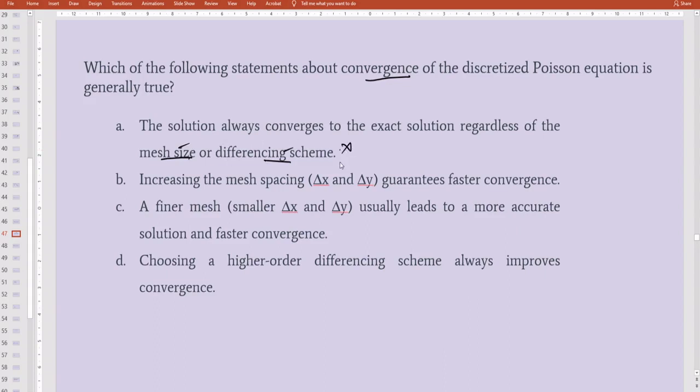So this is wrong. Option B, increasing the mesh spacing, that is delta x and delta y, guarantees faster convergence. So what is this increasing delta x and delta y? If you are drawing this delta x, delta y, and you increase delta x and delta y, then the mesh becomes coarser.